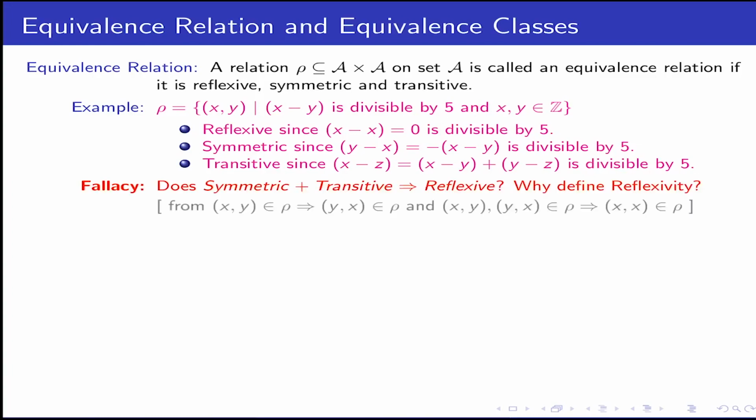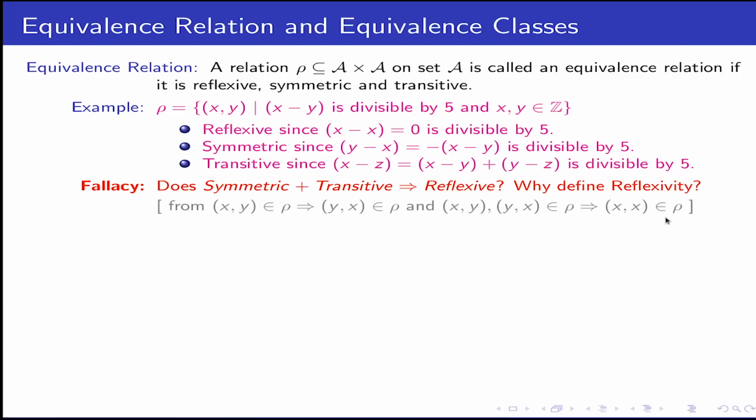Now comes a very interesting observation. In symmetry we are saying that if I take the xy pair into my relation, I will also take the yx pair inside my relation. My transitivity says if I take the xy pair and the yx pair, then I am bound to take the xx pair, because by transitivity, if these two pairs are present, then the xx pair will also be present.